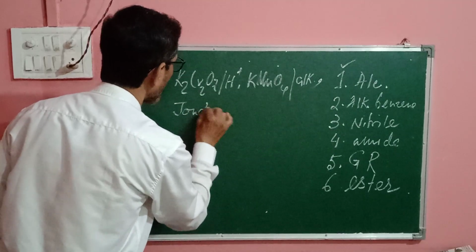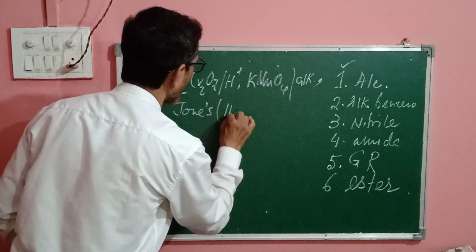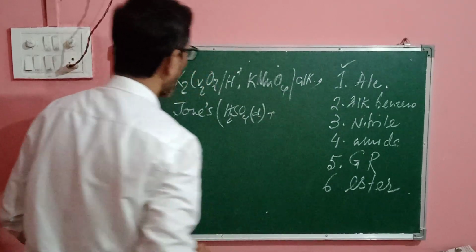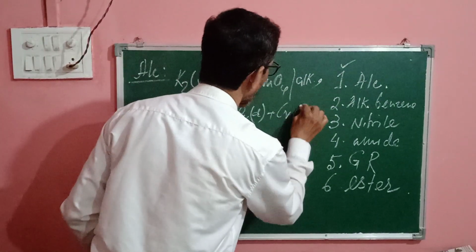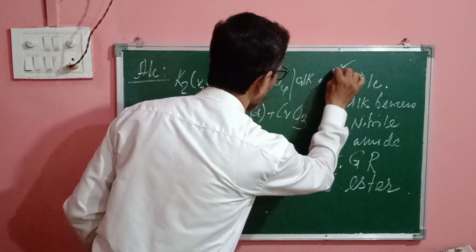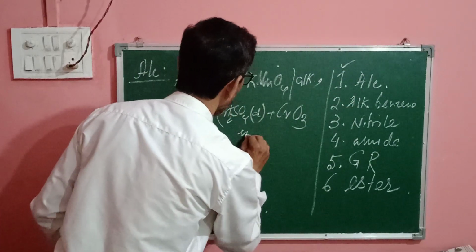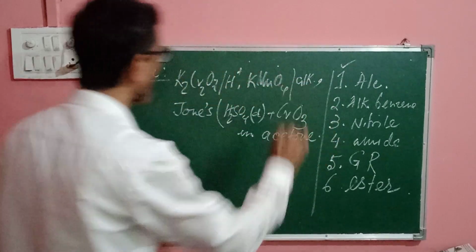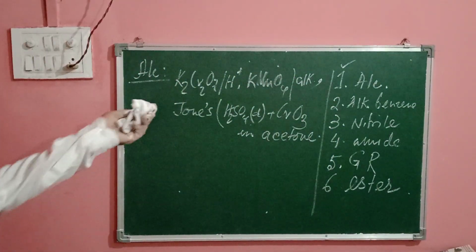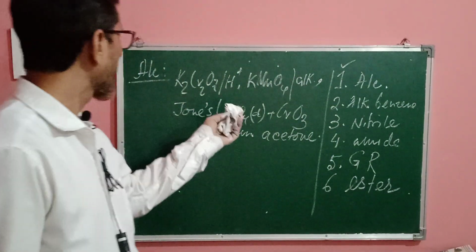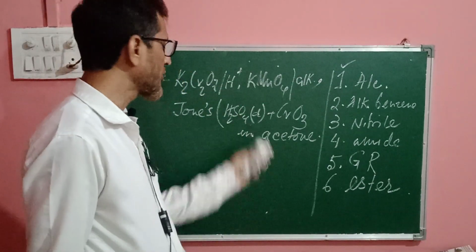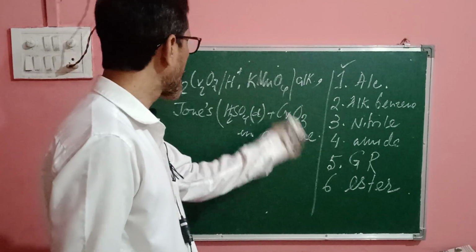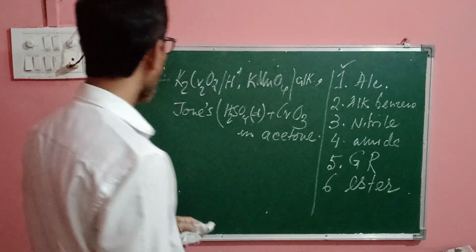Jones reagent is important: it is dilute sulfuric acid plus chromium trioxide in acetone. These are some of the important oxidizing agents in preparation, especially in this chapter on carboxylic acid.